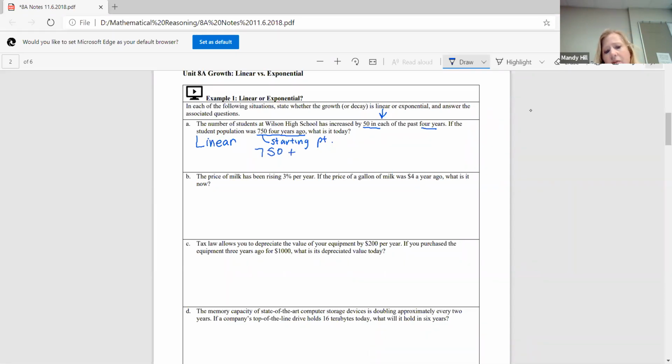Since we started at 750 and 4 years have gone by, we could add 50 4 times. That's the same thing as 750 plus 4 times 50, because it happened 4 times. Both give us the same answer, which is 950. So they have a population of 950, just 2 different ways to work the same problem. But this is linear because we're adding on the same amount every time period.